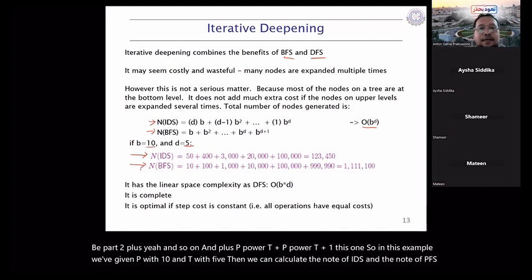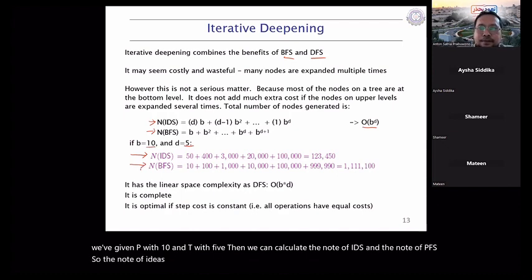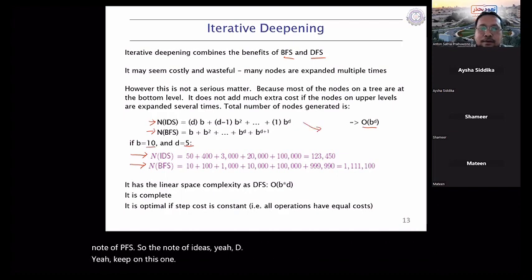So for the nodes of IDS, D is actually 5. We'll count one by one in order to make it clear. For IDS here, if B is 10 and D is 5, then it is 5 times 10, right?